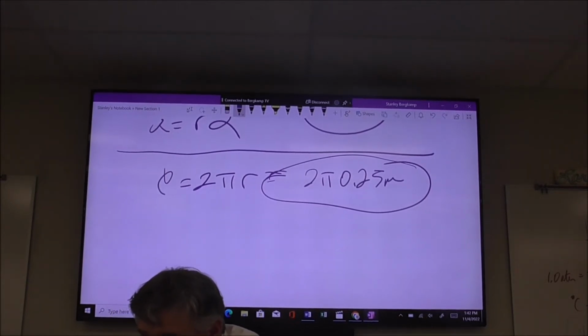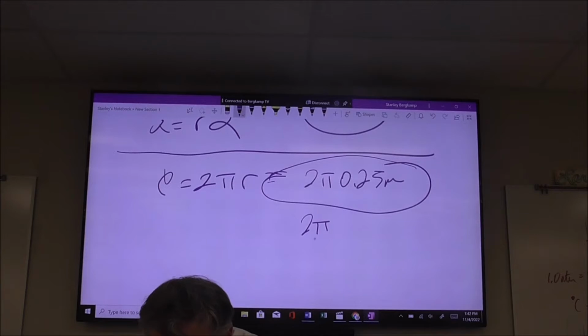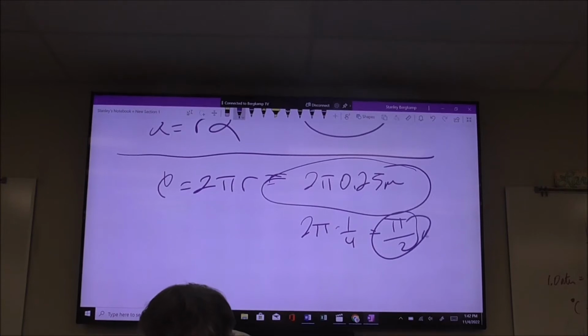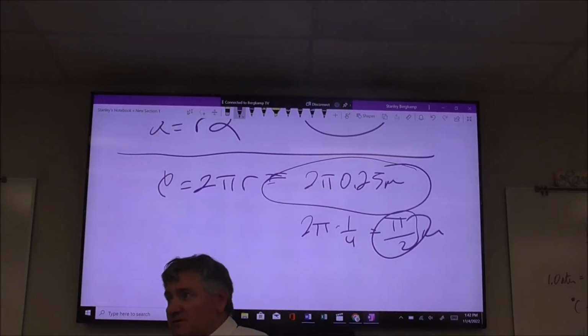Not disputing that at all. But here's the problem. We don't have meter sticks that measure in units of pi. We have meter sticks that measure in decimals. So that's what we have to work off of. Mathematically you want to say 0.25 is the same as 1/4, and that's pi over 2, and we're going to travel pi over 2 meters.